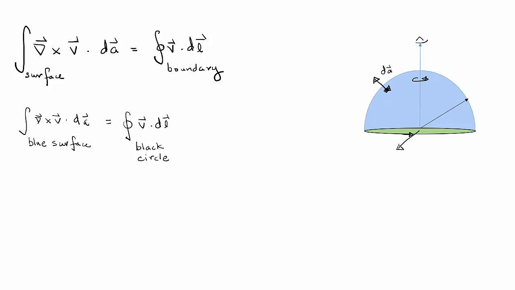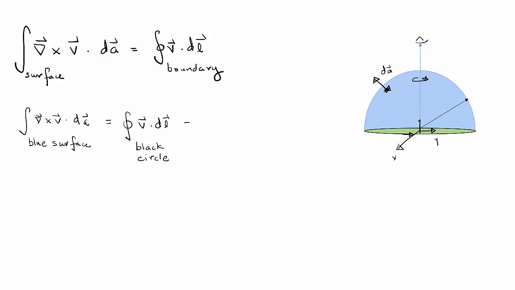This is my x-axis. This is my y-axis, and this is the z-axis. So the orientation for the boundary is along this path.